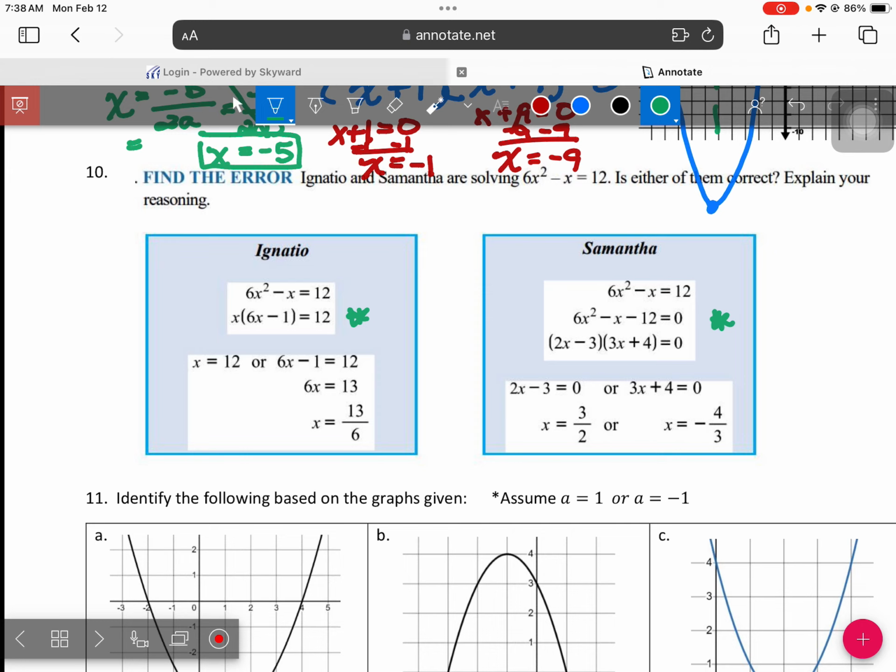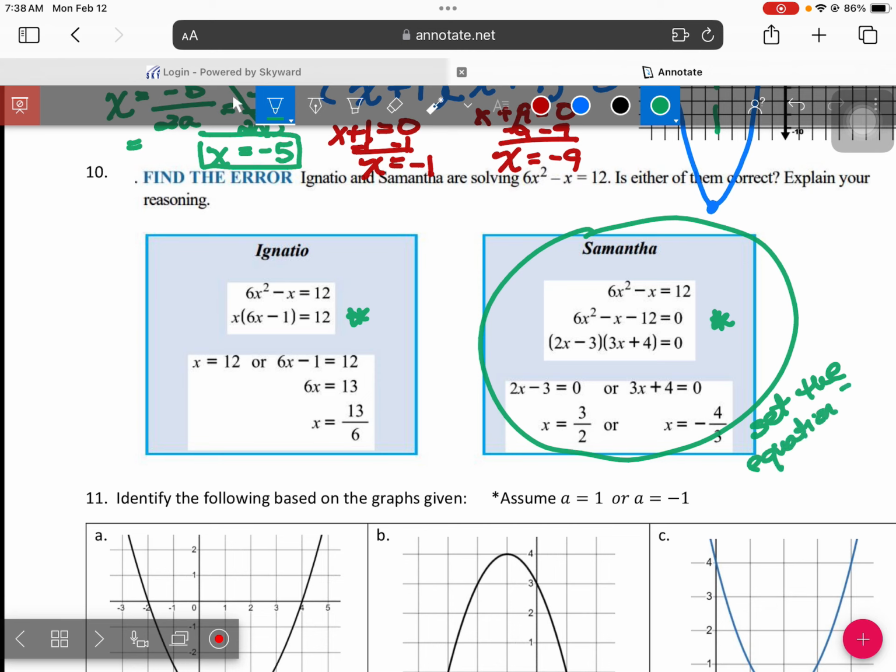Add 3, that looks good. Minus 4, that looks good. So I would say Samantha is correct. She set the equation equal to 0 and solved, whereas Ignacio just left it at equal to 12. Okay?